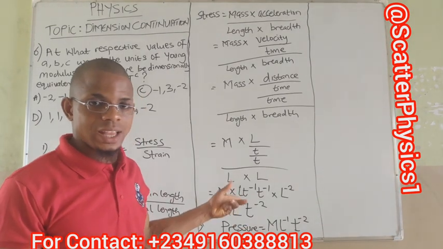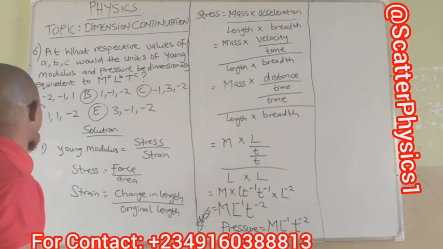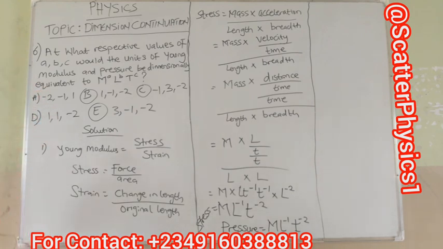So now, at what respective value of A, B, C would the unit of Young's modulus and pressure be dimensionally equivalent to M^A L^B T^C?